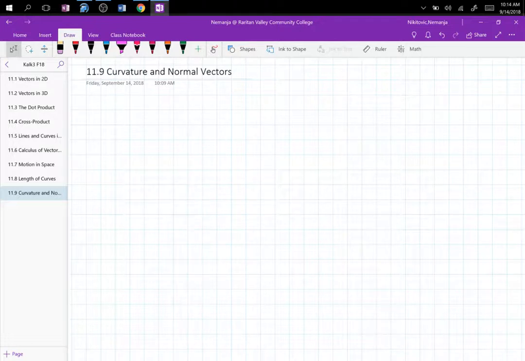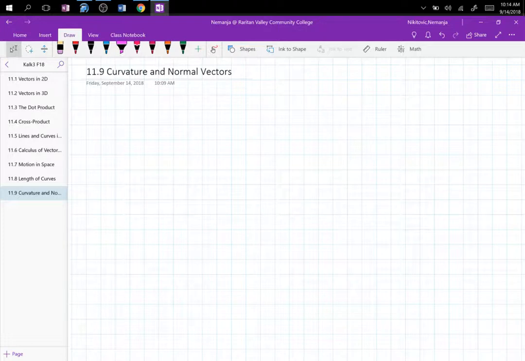The easiest way to understand curvature is to say that it's a quantification of how much the line turns, how quickly it bends. So that's just street talk to understand what curvature is.